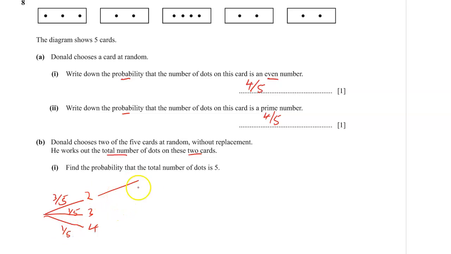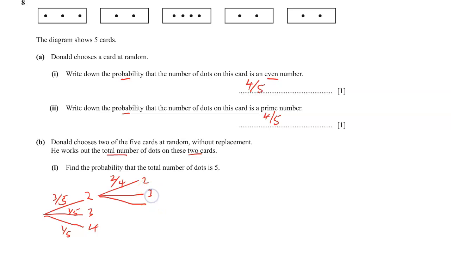For 2 dots, after you have picked the first card, to pick another one for 2 dots, it will be 2 upon 4.